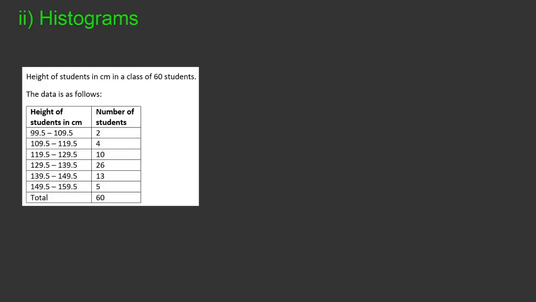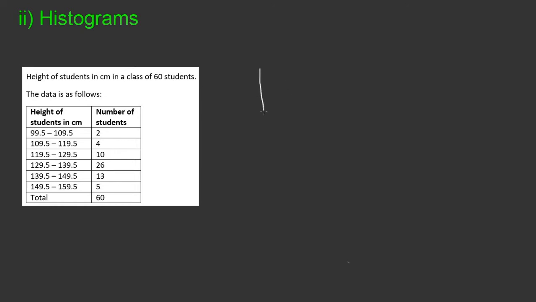Histograms are similar to bar graphs, but it is used for continuous class intervals. Let us consider the problem of height of students in centimeters in a class of 60 students. The data is given in the table. Let us represent this data in a histogram.